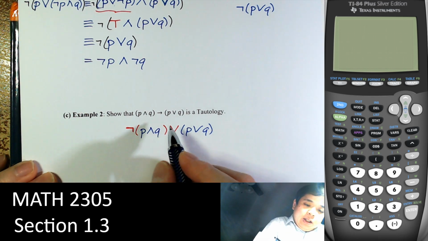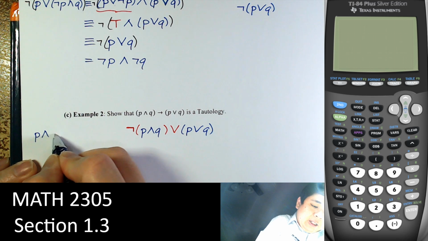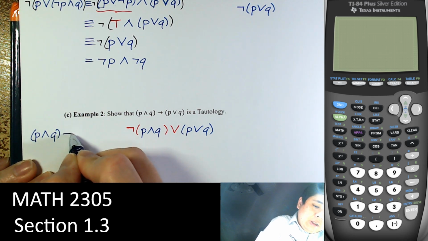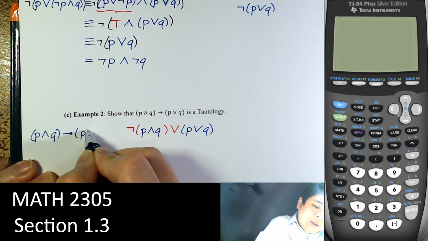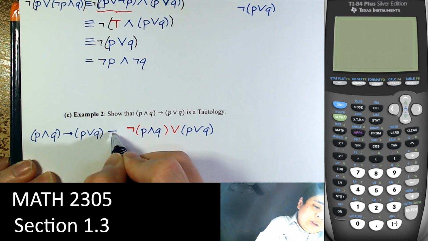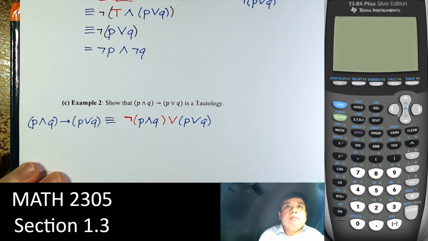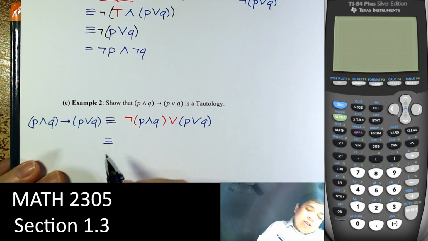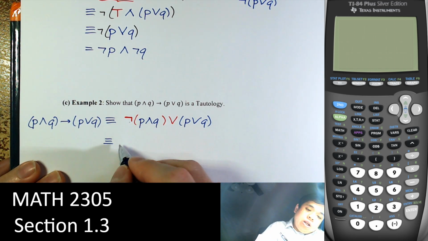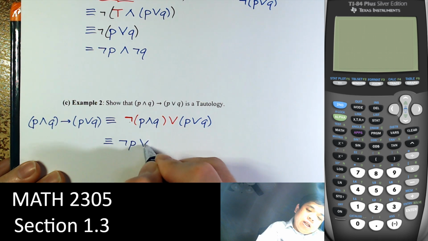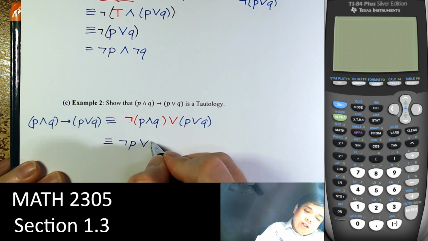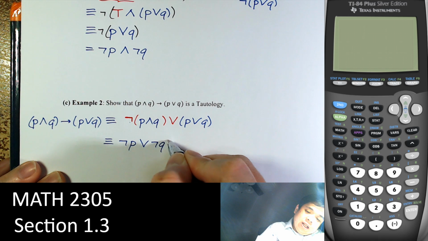Okay, right, let's start from the beginning. So that gives us what? De Morgan's law here, negation of P, and we have to flip the V and wedge. So we flip it, and this is what we have.